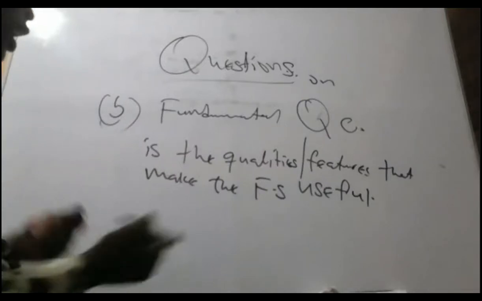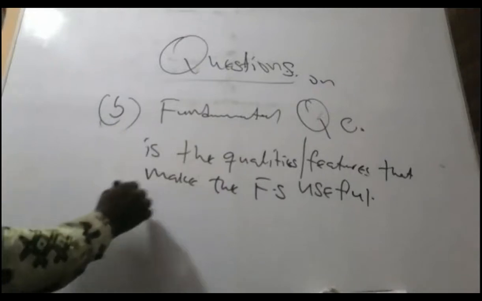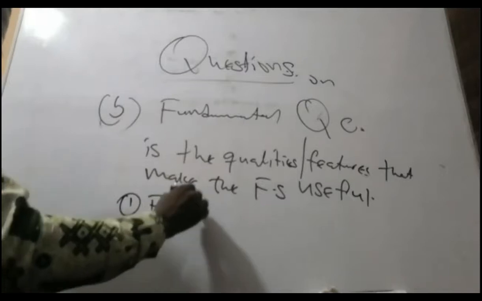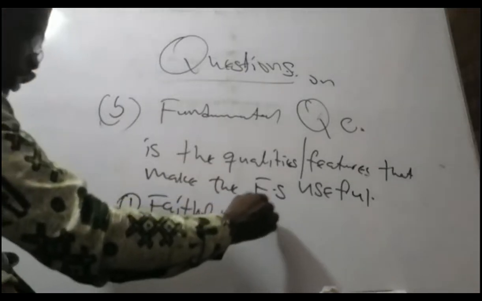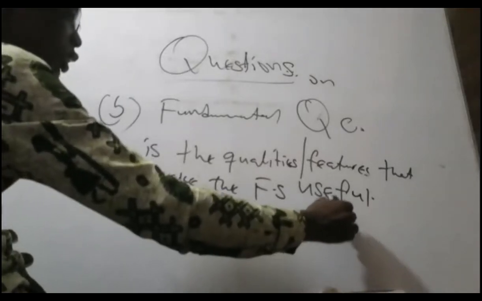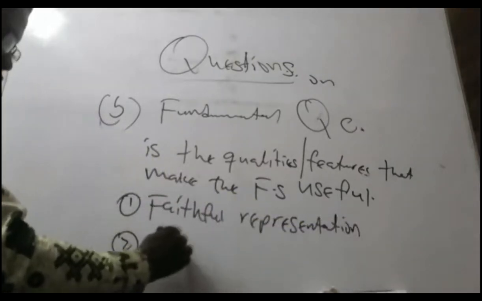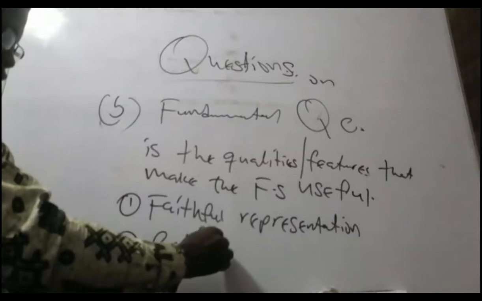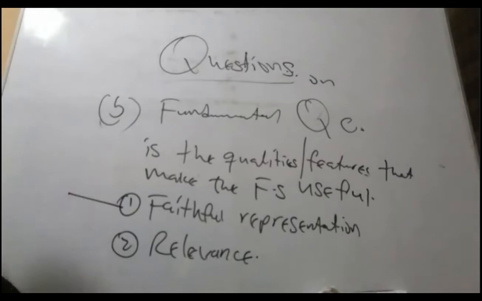Then you give the two main ones. They are: one, faithful representation, and two, relevance. Then you take each of them and talk about them individually. So let's go. Faithful representation.